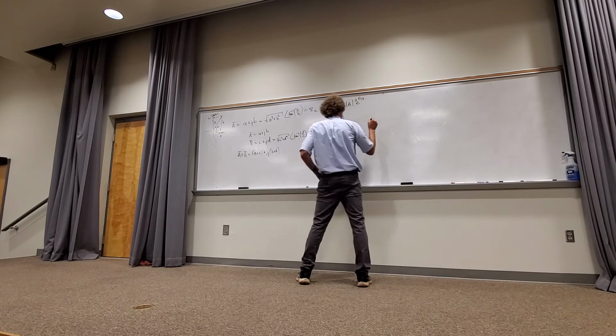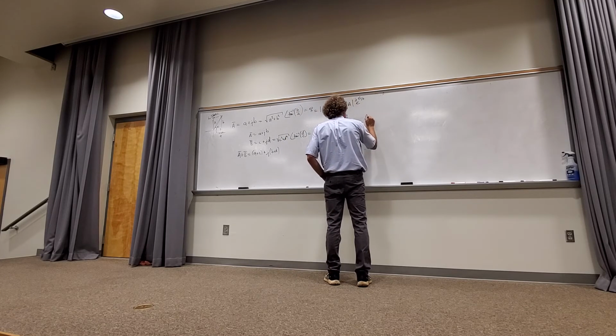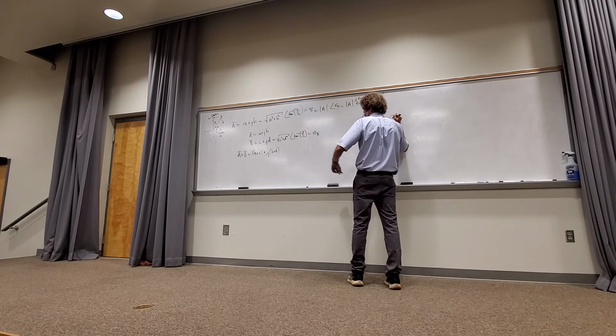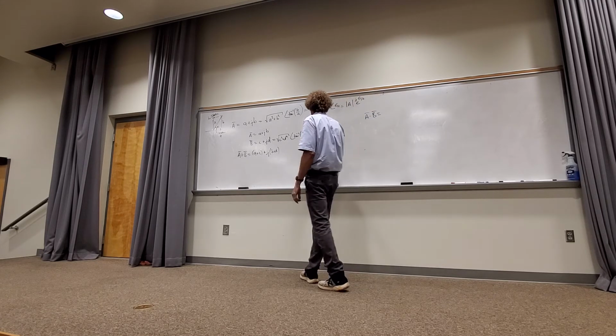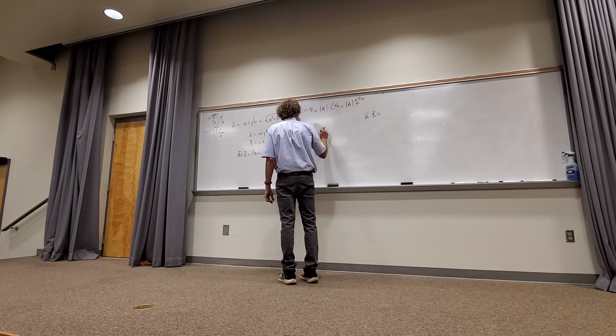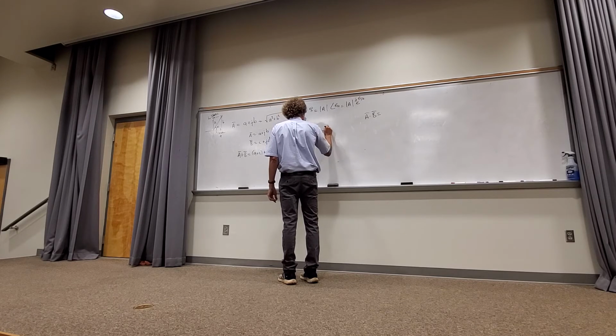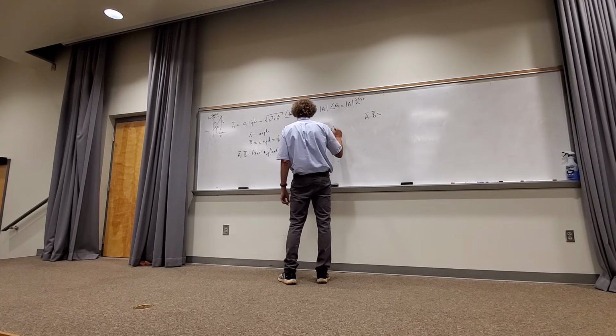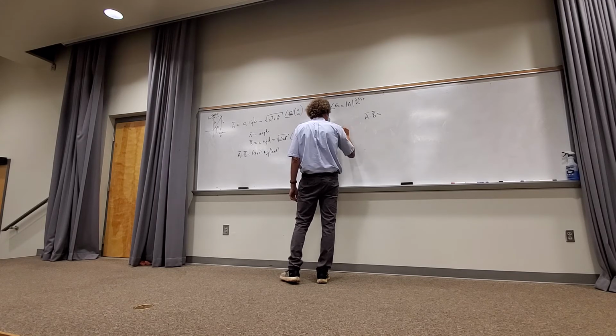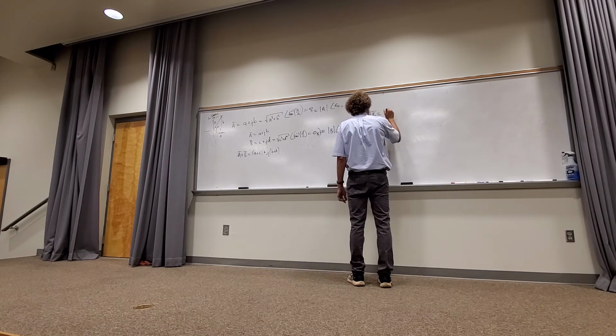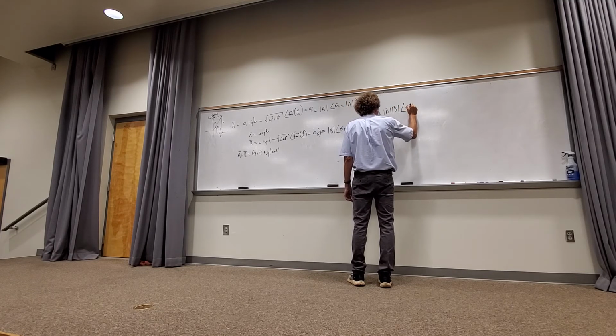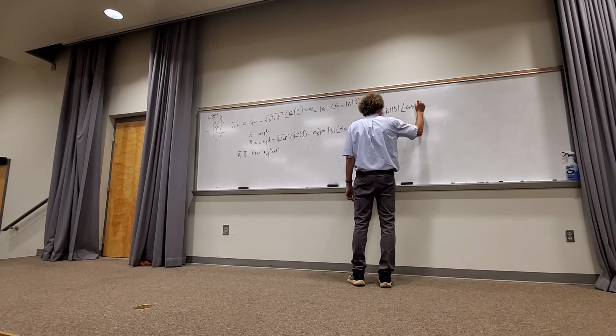So then if we had A times B, it would be equal to the magnitude of A times the magnitude of B, but then it would be an angle of theta A plus theta B. Y'all follow me?